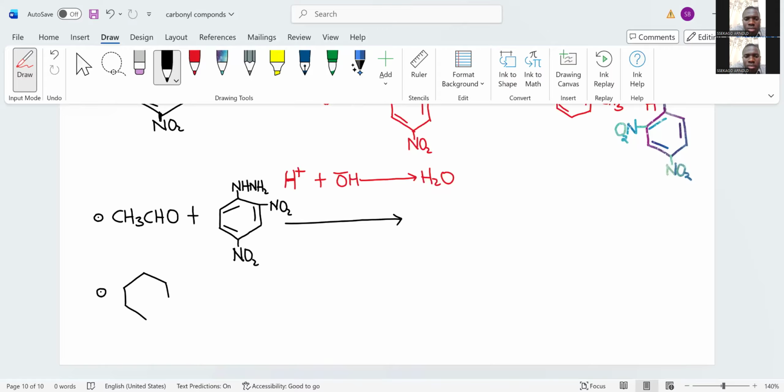These are very easy things, so long as you give them time. This is cyclohexanone, still with the one which you shouldn't forget, Brady's reagent.